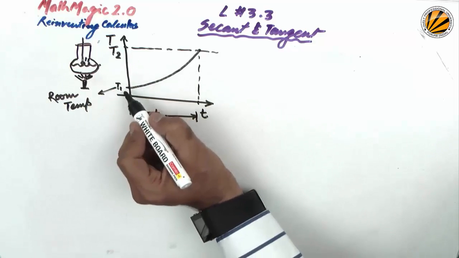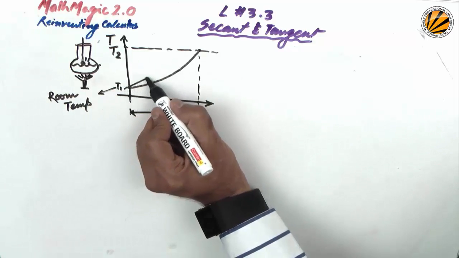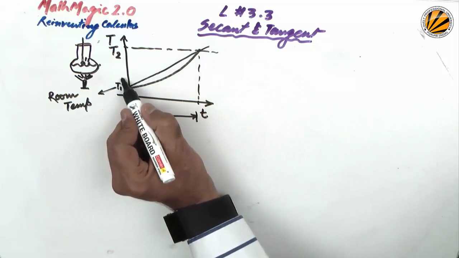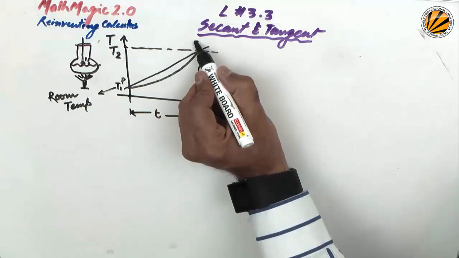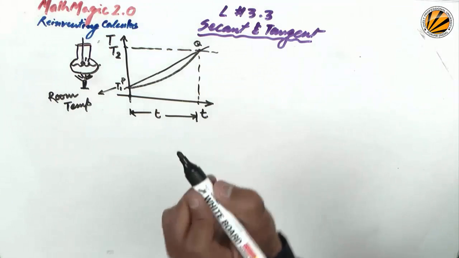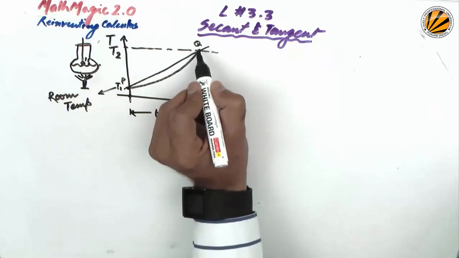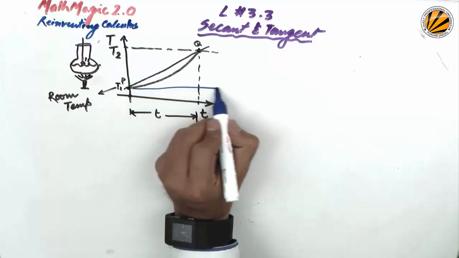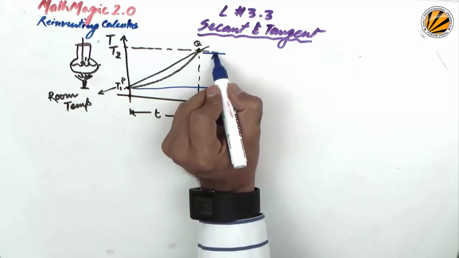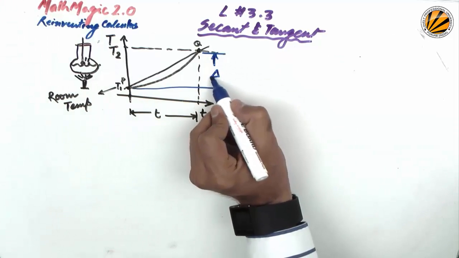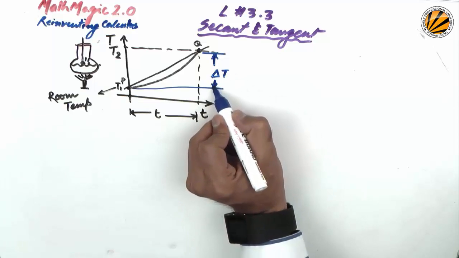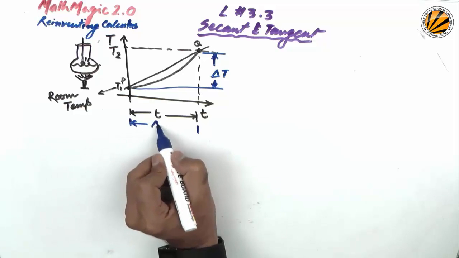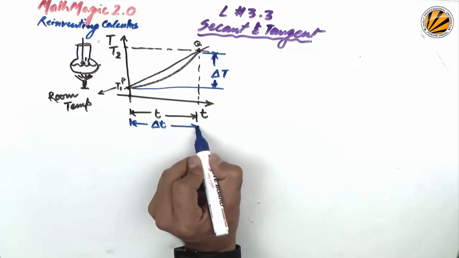Looking at this scenario and the previous discussions we had, let this point be P, the starting point, and this be the end point, Q. If I am looking at the slope of the line joining P and Q, this is nothing but delta T, the change in temperature or the output, divided by delta small t, the change in time.